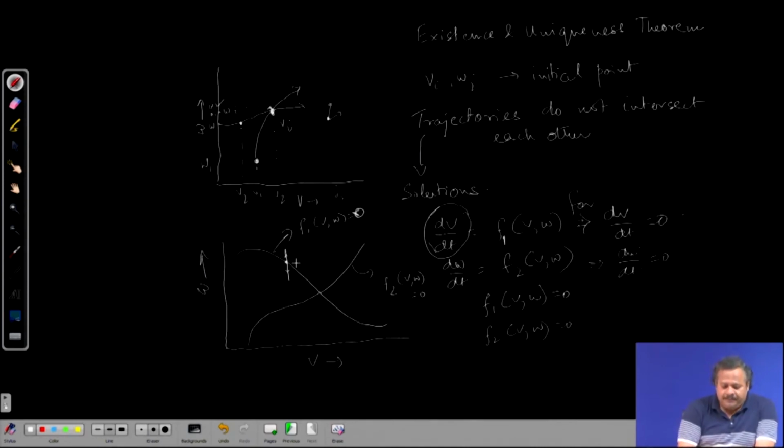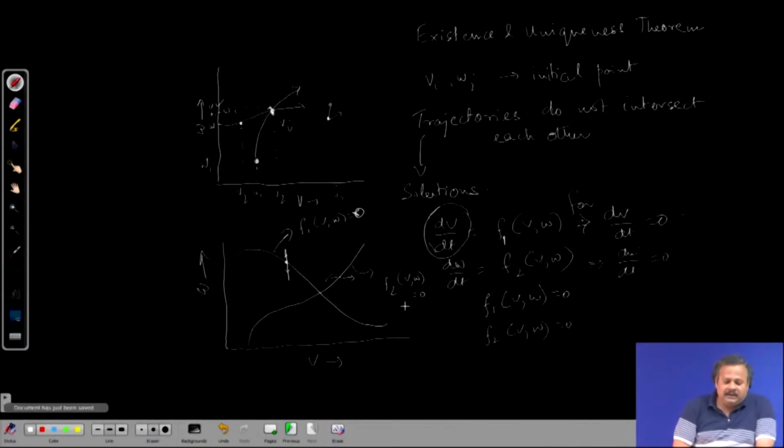And similarly, on the other curve, the flow must be along the horizontal direction, because dW/dt is 0, that is, there is no net movement at that particular point along the W axis. So, the points along this whole line are going to behave in the same way.